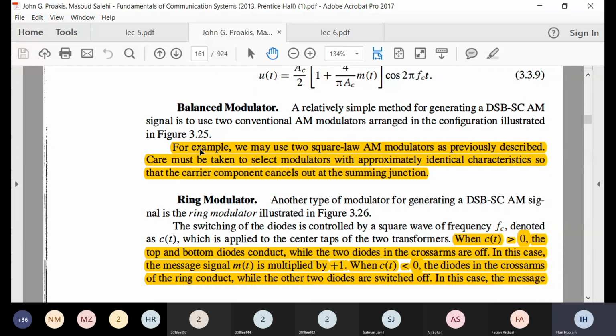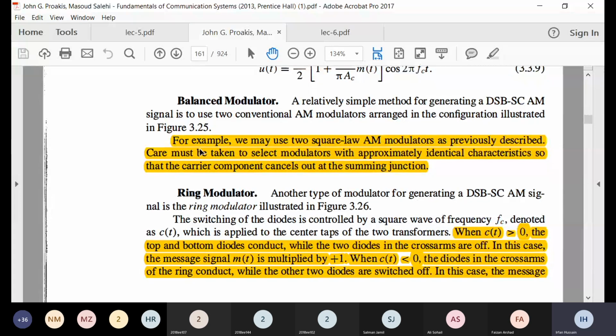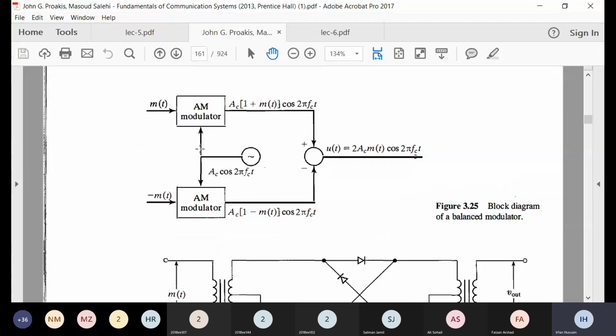Another thing that you can use is a balanced modulator. A balanced modulator is actually two conventional AM modulators arranged like this. One is working with m(t) and the other with minus m(t). If you subtract them, the Ac term will cancel and the other terms will add, giving plus 2 times m(t) cos.